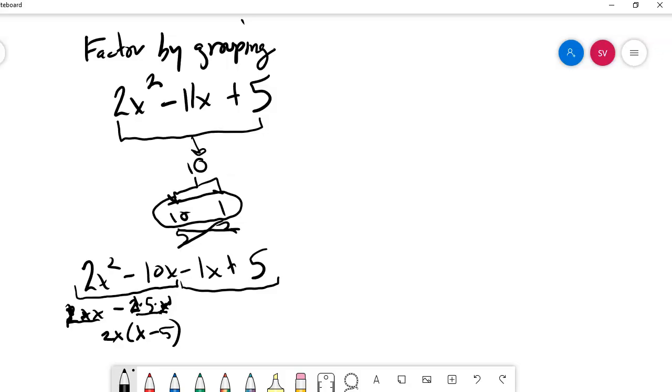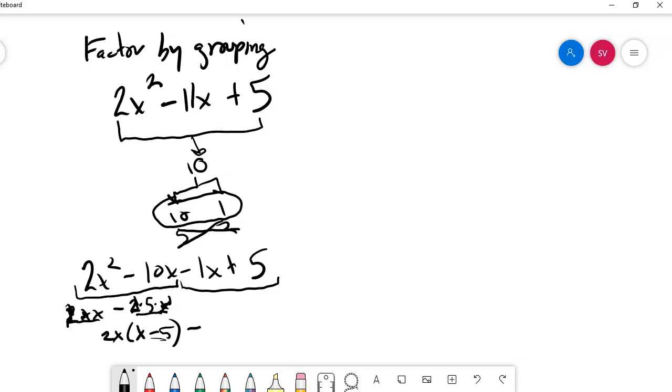Now the goal with the second grouping is to get whatever I have to put back in parentheses to match exactly with what I have in parentheses from the first grouping. I need that what's in parentheses in the first grouping to match what's in parentheses of the second grouping. So look at what I have here, minus 1x plus 5. That's exactly the opposite in sign of what I have in parentheses.